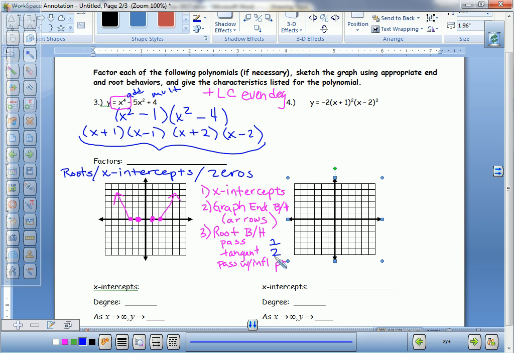Tangent, your factor is raised to the second power. Passing with an inflection, your factor would be raised to the third power. All of these are raised to the first. It's an understood first power. So we're just going to pass, pass, pass, pass. Everything's passing.